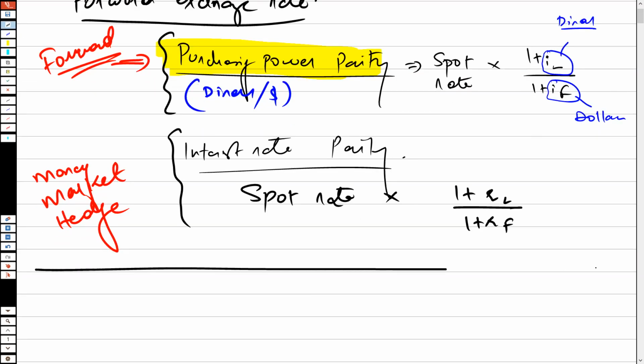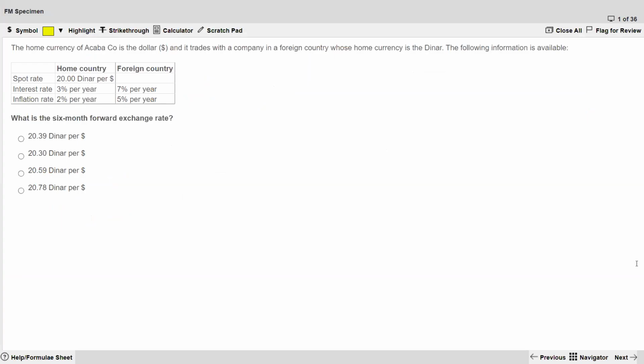Now let's look at the numbers. We need to calculate the forward exchange rate. We have the spot rate as 20, a 3% per year rate, and a 7% per year rate. The exchange rate is dinar per dollar, and we need the rate for 6 months.